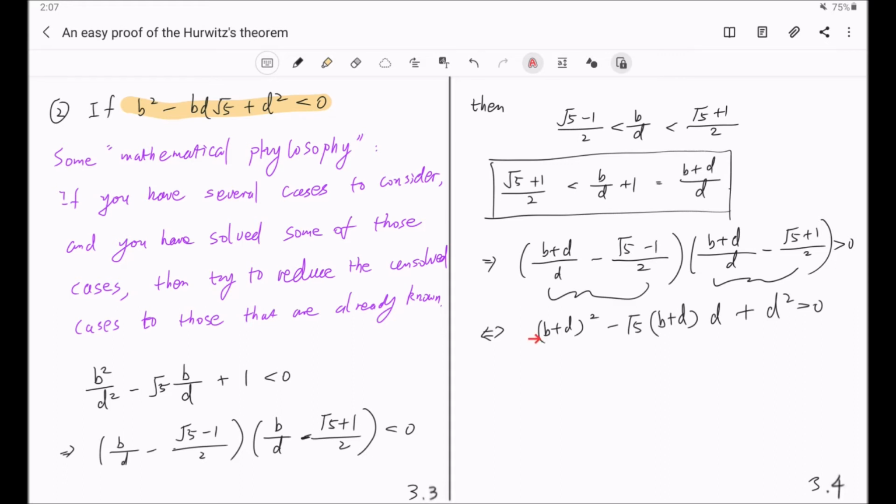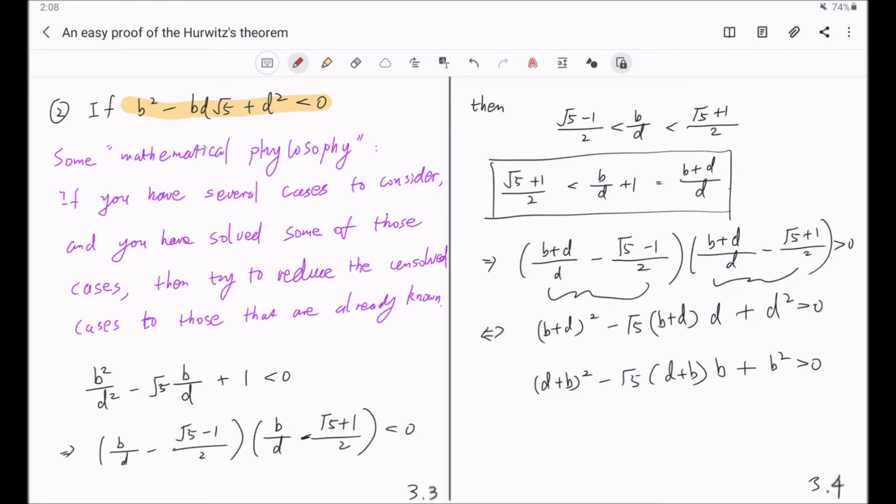So symmetric to this inequality, we also have the other one by flipping b and d. What I mean is that you have d plus b squared minus square root of 5 times d plus b times b plus b squared greater than 0.